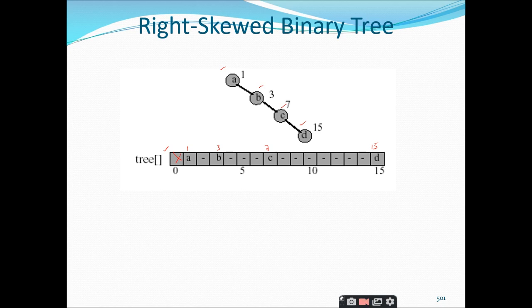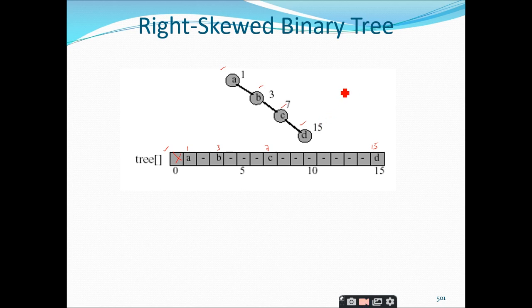So can anybody tell me what could be the maximum size of the array that should be declared? 2 power n plus 1, sir. Don't consider it as 2 power height minus 1, sir. It's not height, right? Never consider the height here.